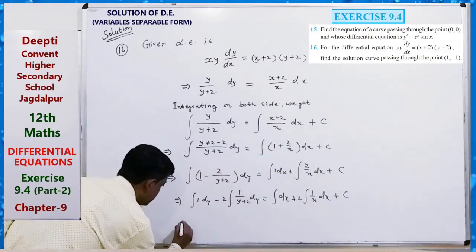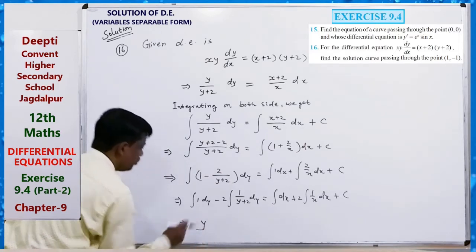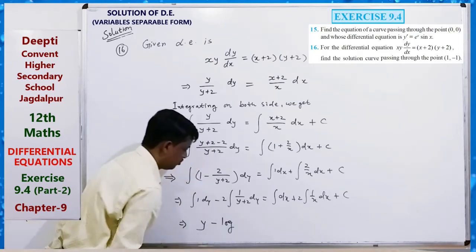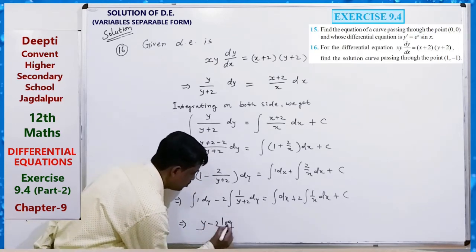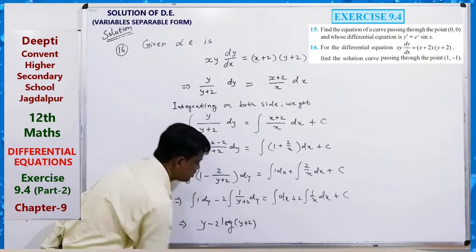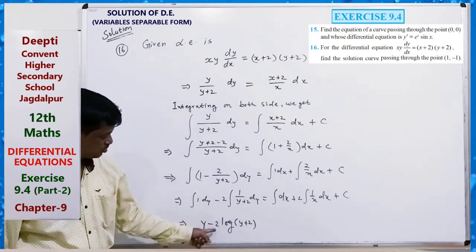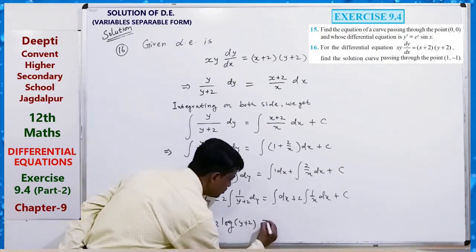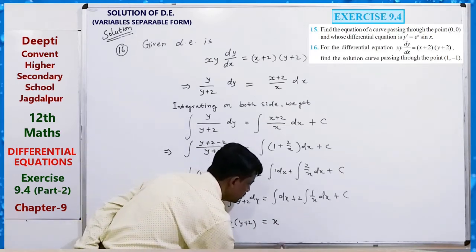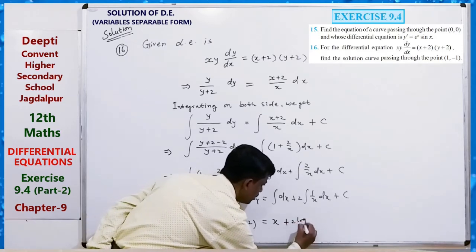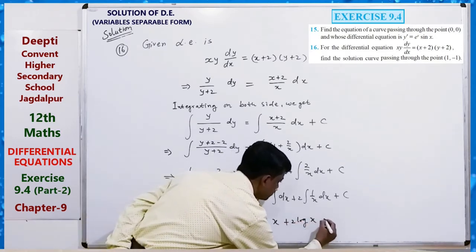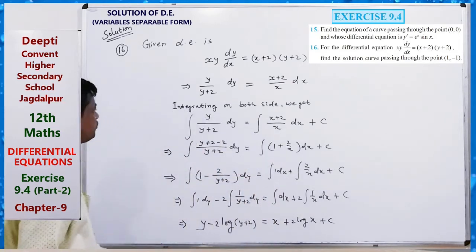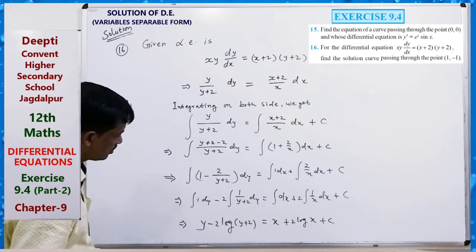So write like this: y minus 2 log(y+2) equals x plus 2 log x plus c. Okay, now let's simplify it more.